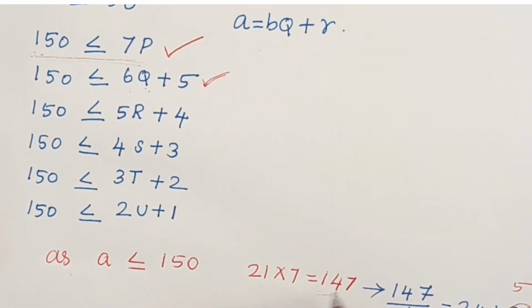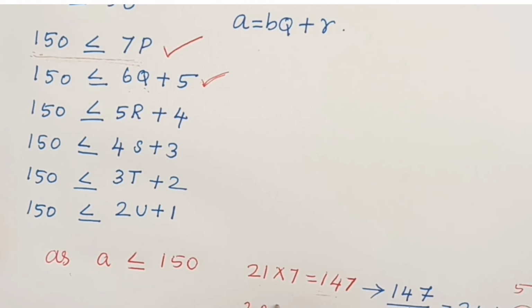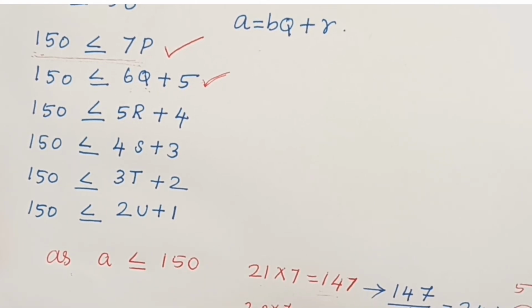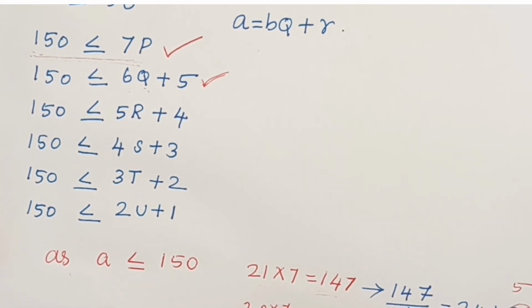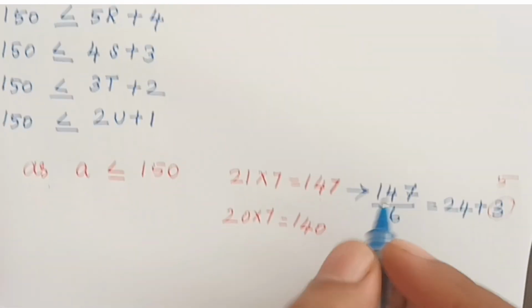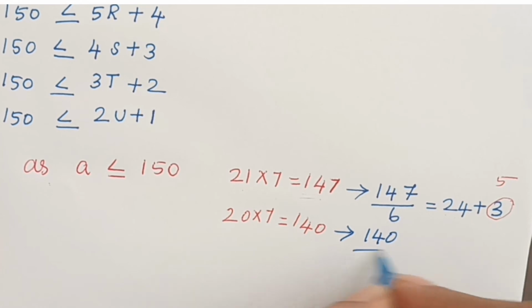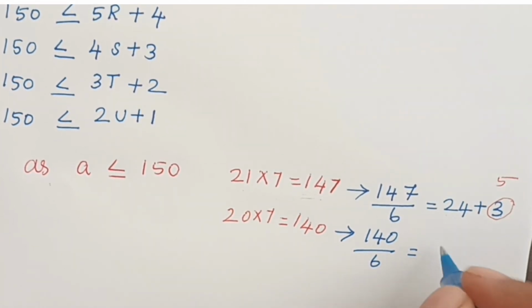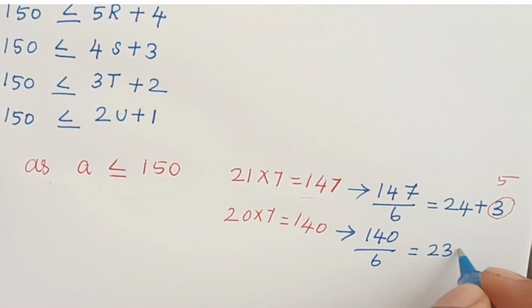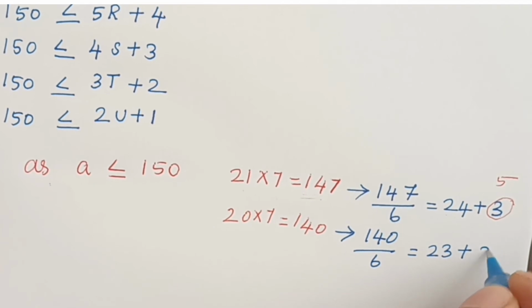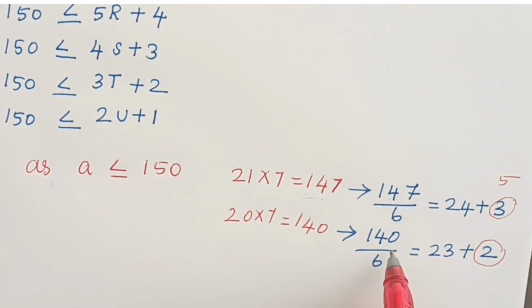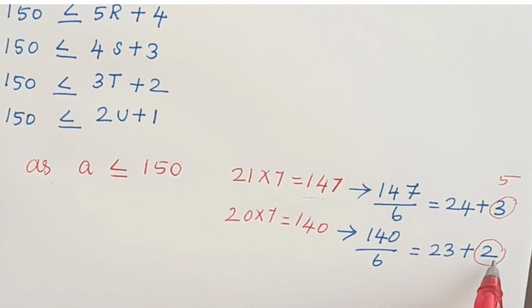So next we move to 20 into 7, which is 140. Let us check 140 divided by 6, which is 23 plus 2, with 2 as the remainder. 140 is not the right answer because we need the remainder 5.